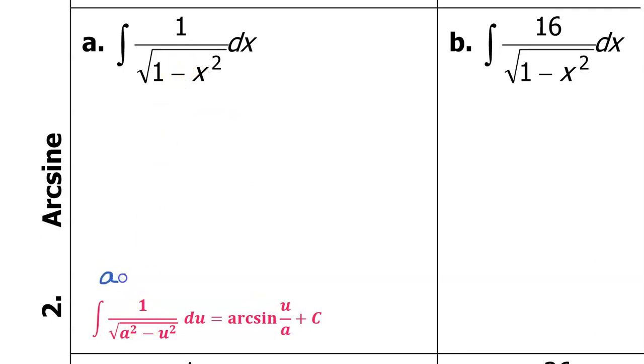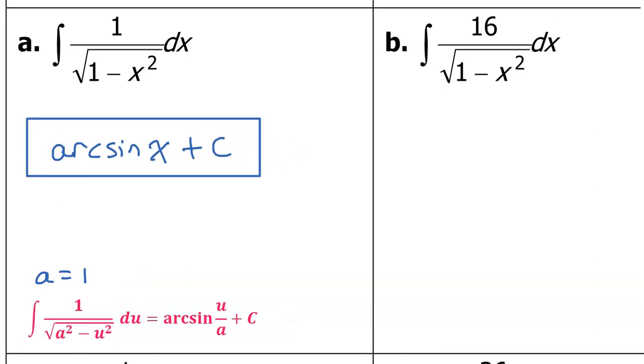Just keep in mind that the a value will be 1 because it is the square root of this constant. Notice that the arcsine rule does not have 1 over a in the front. So we just jump right in and write arcsine u over a will just be x over 1, which is just x, and then plus c.